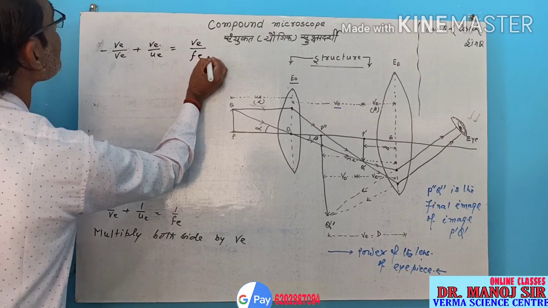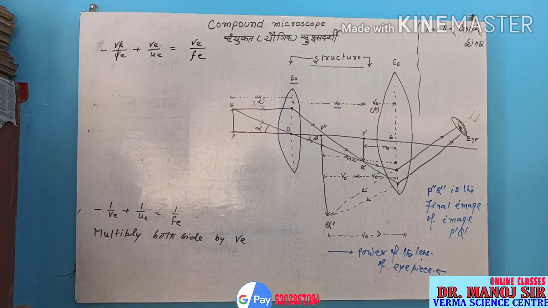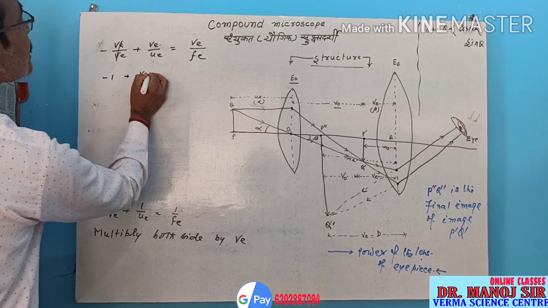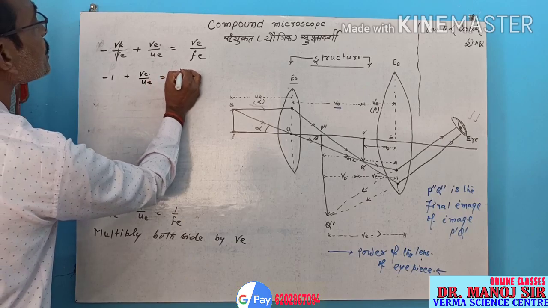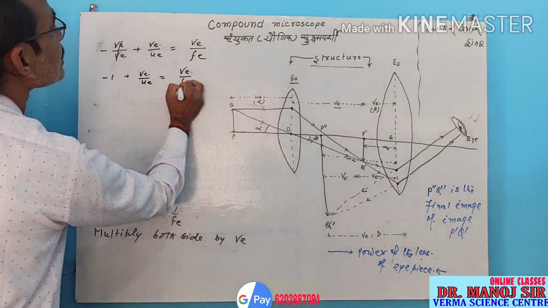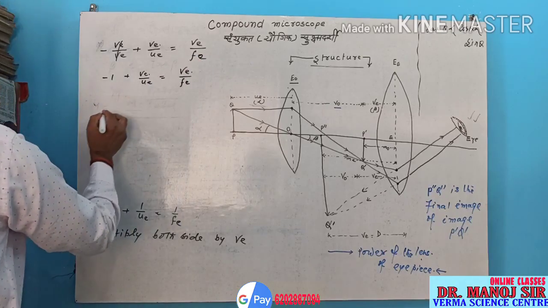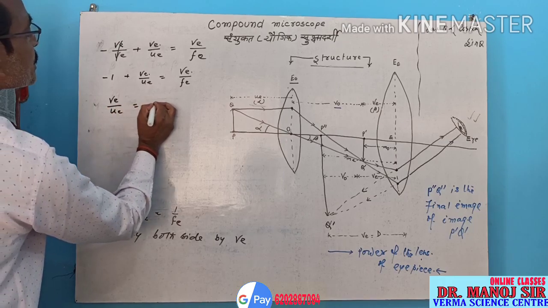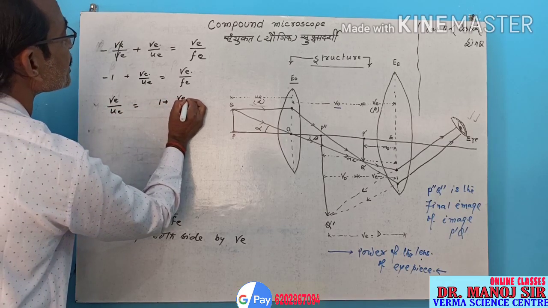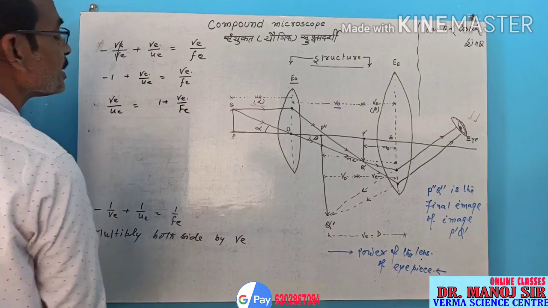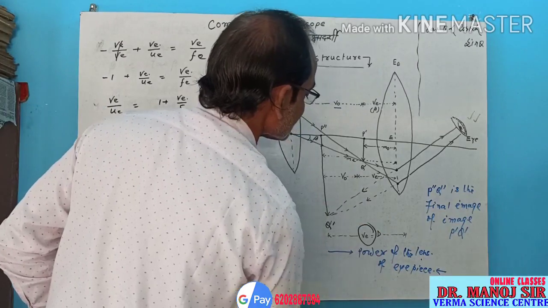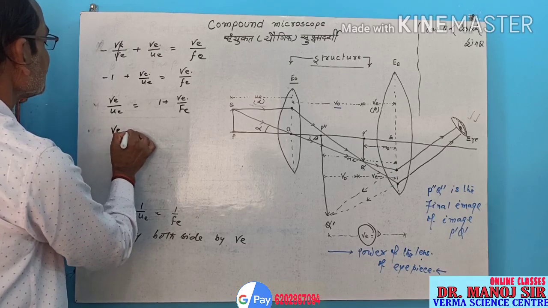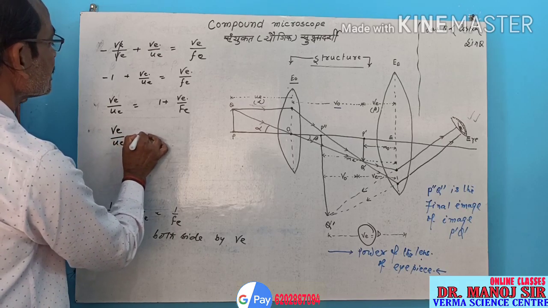This can be simplified, so minus 1 plus VE by UE equal to VE by FE, or VE upon UE equal to 1 plus VE by FE. Here this VE is equal to D. Now we put VE by UE equal to 1 plus D by FE.